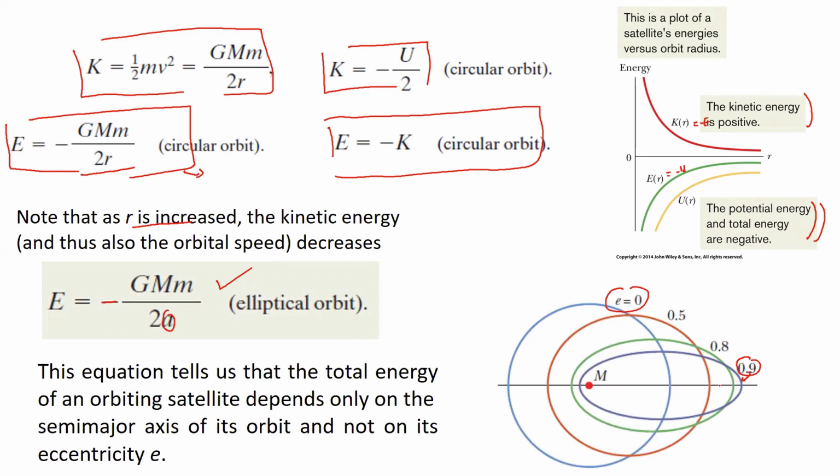But all of them have the same semi-major axis. a of all of them is constant and it's equal to the radius of this circle. So all of them have the same mechanical energy. This can be a nice checkpoint in the coming exam. That was the reminder that I wanted to do for this part.